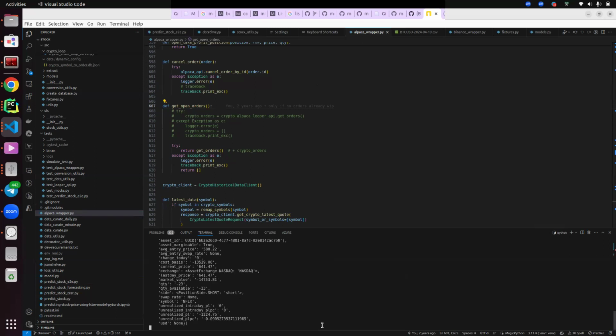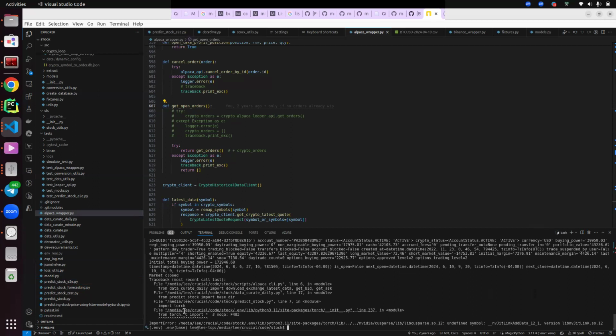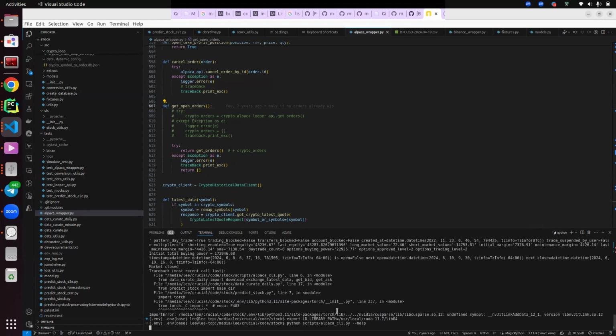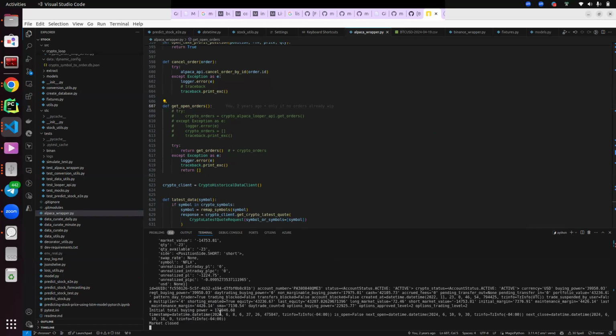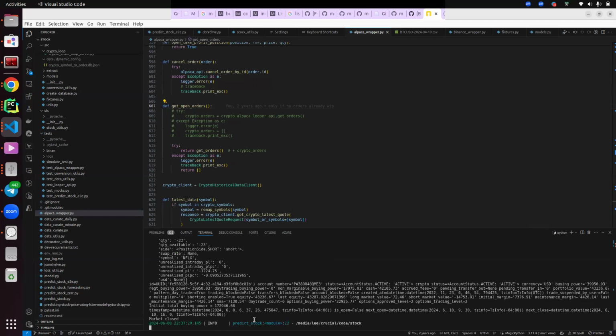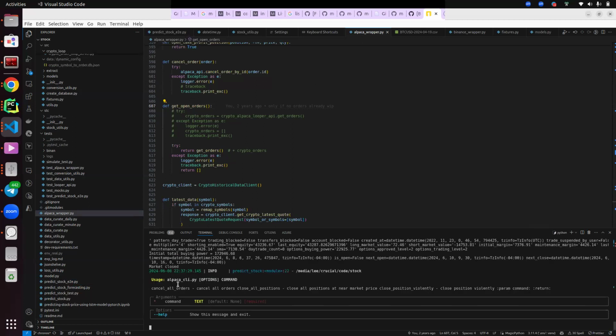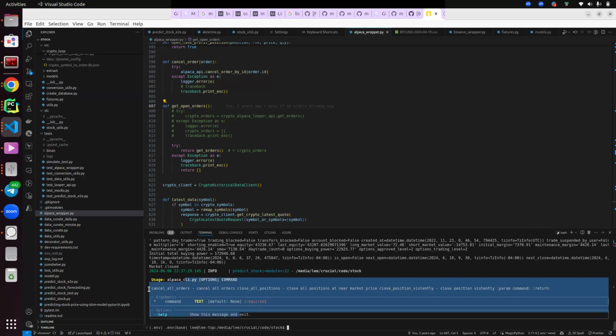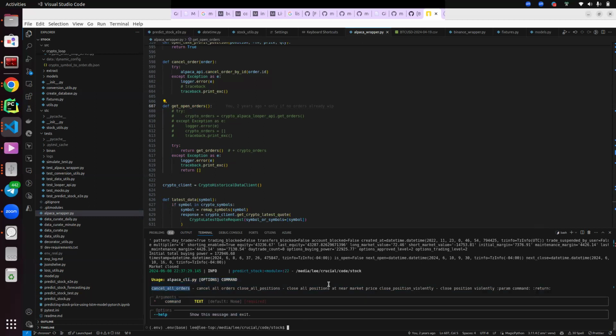It's a short wrapper, with a weird early library path thing that I have to do. What does that do? It just cancels orders near market price.